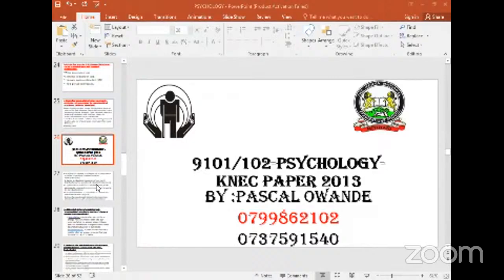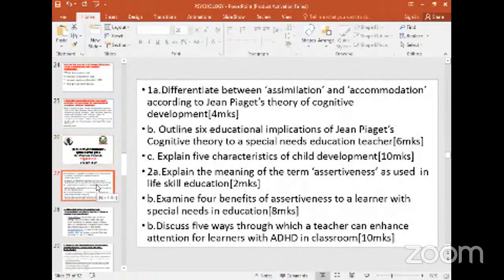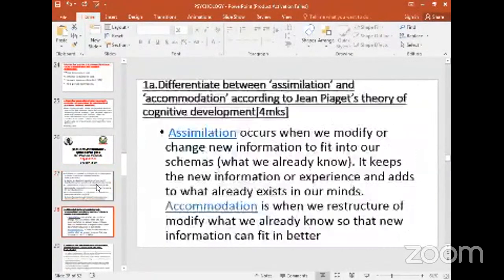So we started looking at these areas, and we were able to look at the questions, but unfortunately, we did not look at the slides with the answers. So according to Jean Piaget's theory of cognitive development, we were supposed to differentiate between assimilation and accommodation.